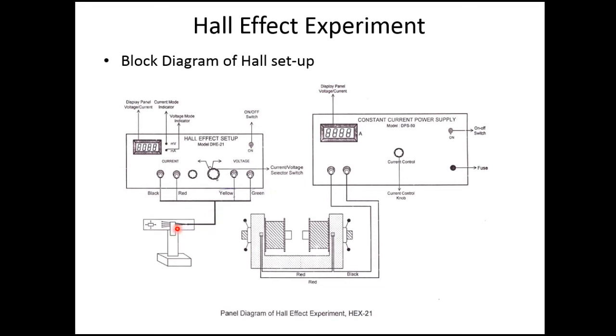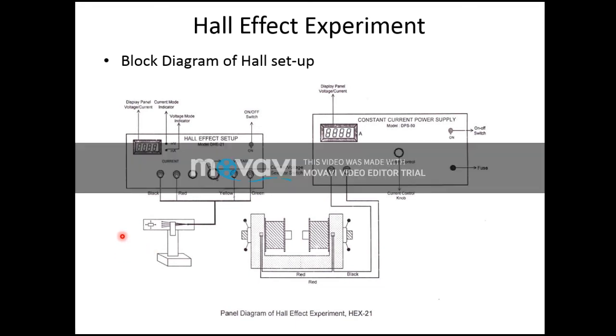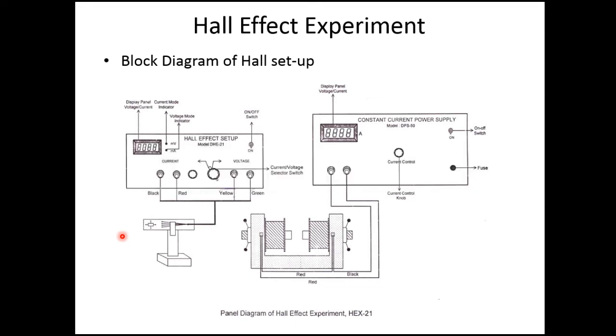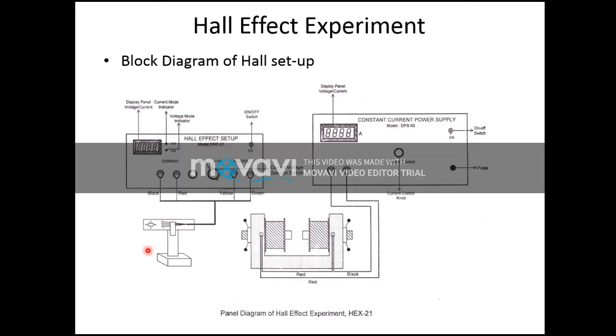So we are applying current across the length of this, and you know that when a strip is being put in magnetic field, as well as we are providing current across the length of that, then the Hall voltage will be developed across the width of this.